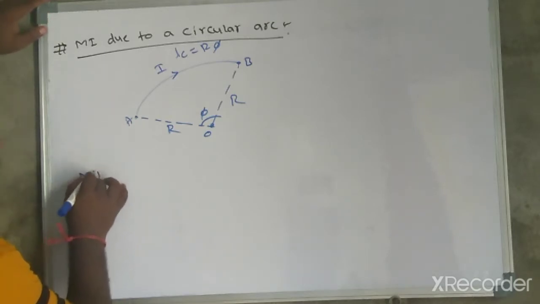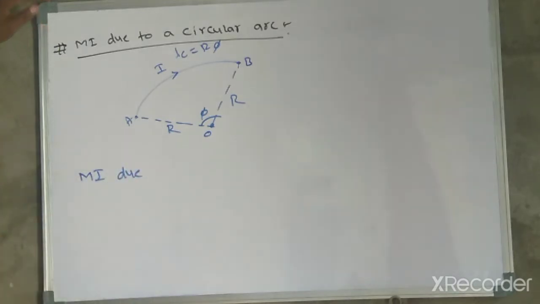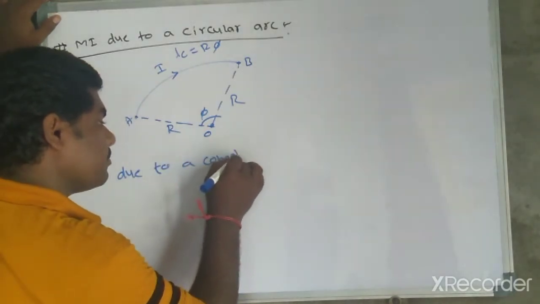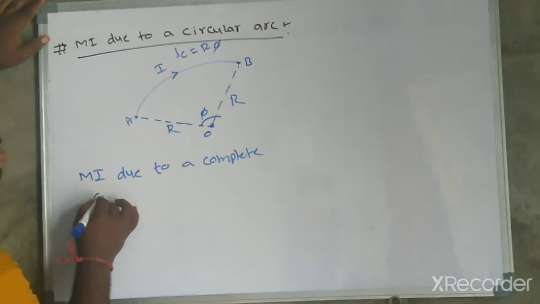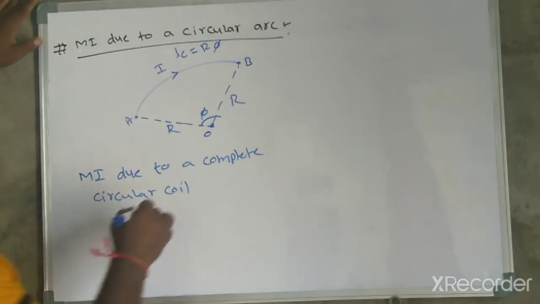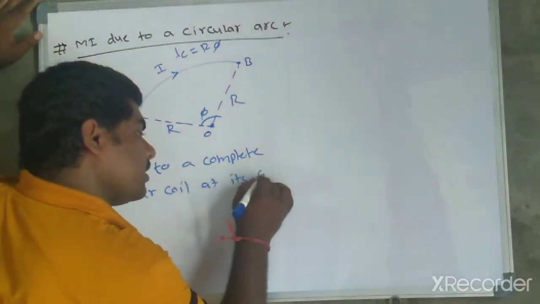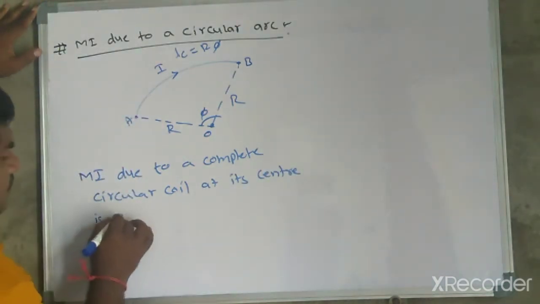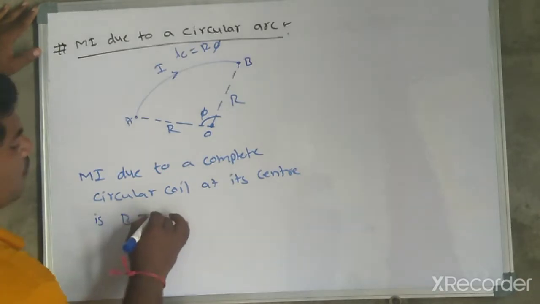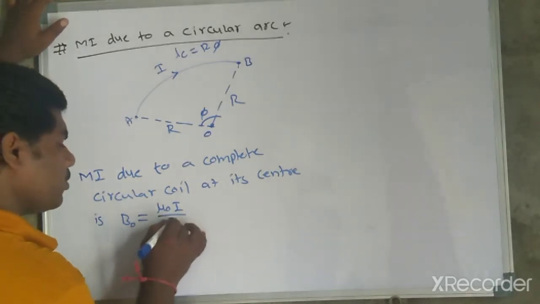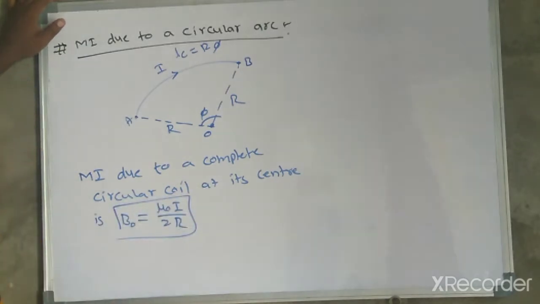For one circular coil, B naught is equal to mu naught I divided by 2 R. We know this one.